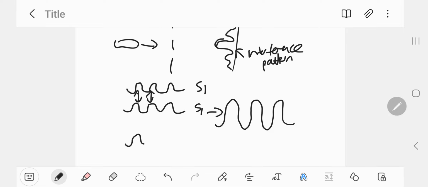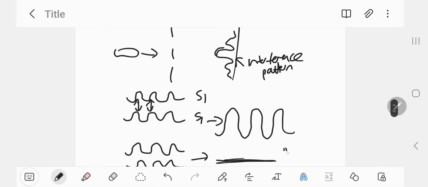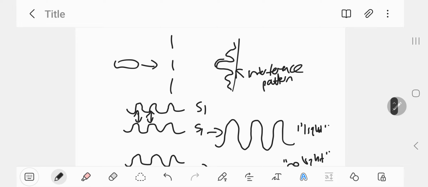If, however, the waves are slightly out of sync, you get destructive interference, a flat line, in other words no light, whereas here you get a bright light band. So you get a series of dark and bright spots called an interference pattern, where the peaks correspond to bright spots and the troughs correspond to dark bands.